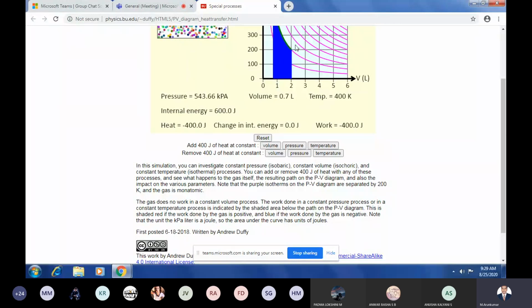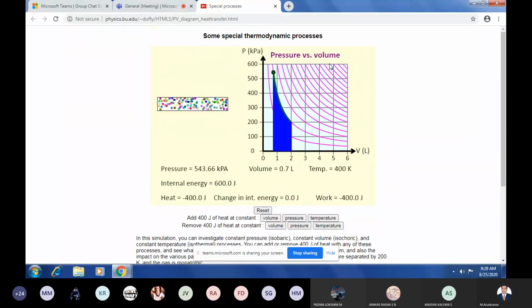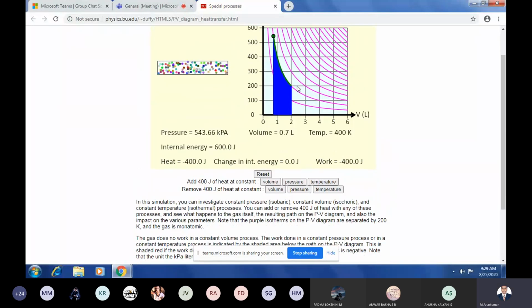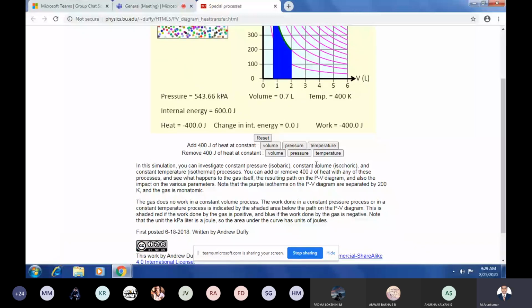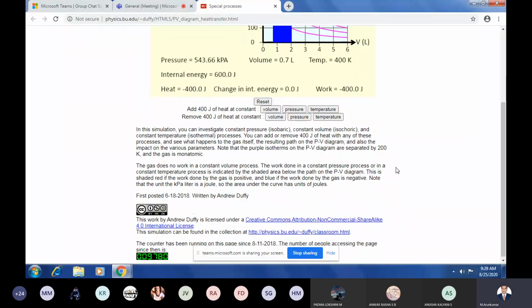So there is no change in temperature. It is 200 Kelvin each. So in an isothermal process, there is no change in temperature along the isotherm.